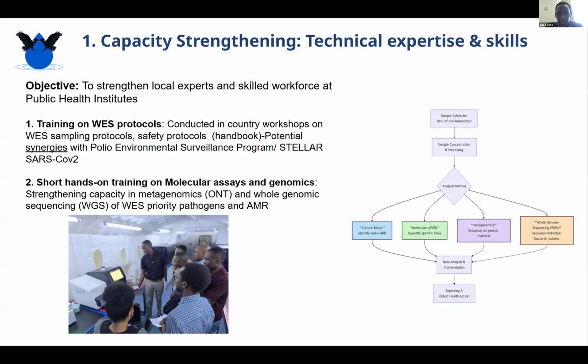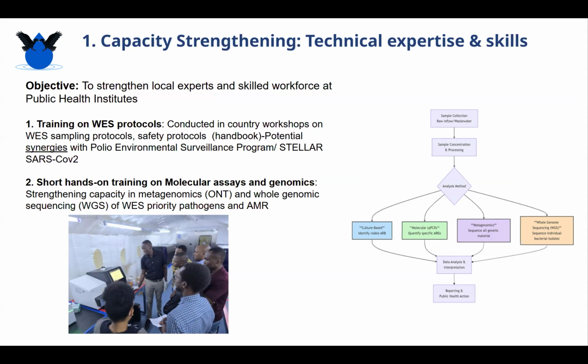Also issues related to sampling, selection of the sampling, together with the polio surveillance and Project Stella, to be able to have competent staff who can implement wastewater surveillance. However, I should also mention that some of these colleagues were previously involved in other initiatives such as SARS-CoV-2.